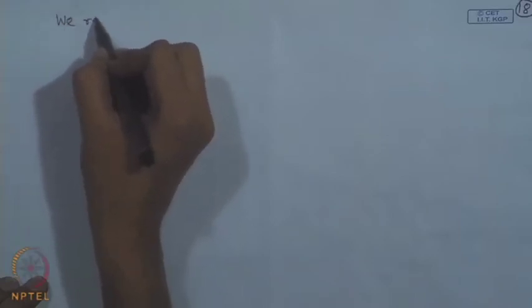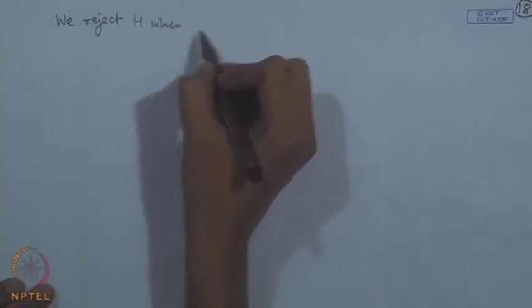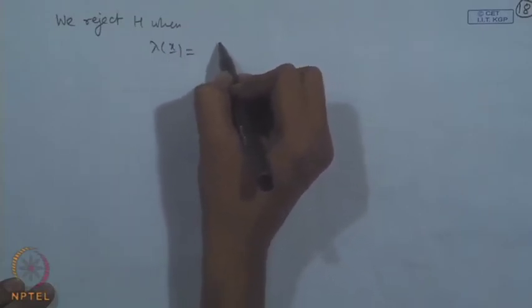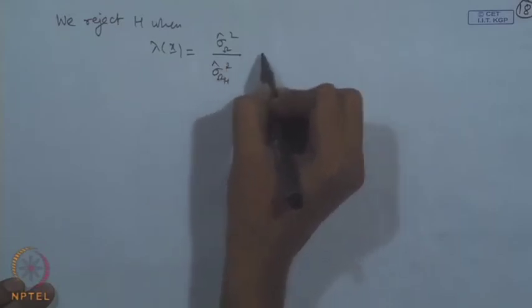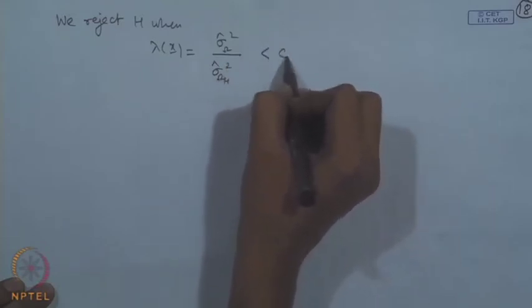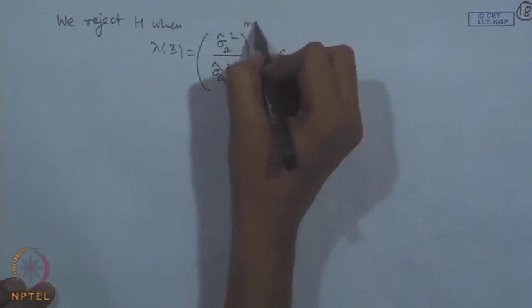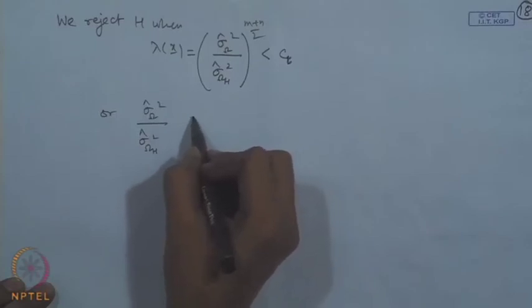Now, the rejection region is, we reject H when lambda x, that is L head omega h by L head omega, which becomes sigma omega head square by sigma omega h head square to the power m plus n by 2, less than some c, or we can say sigma omega head square by sigma omega h head square is less than c 1.